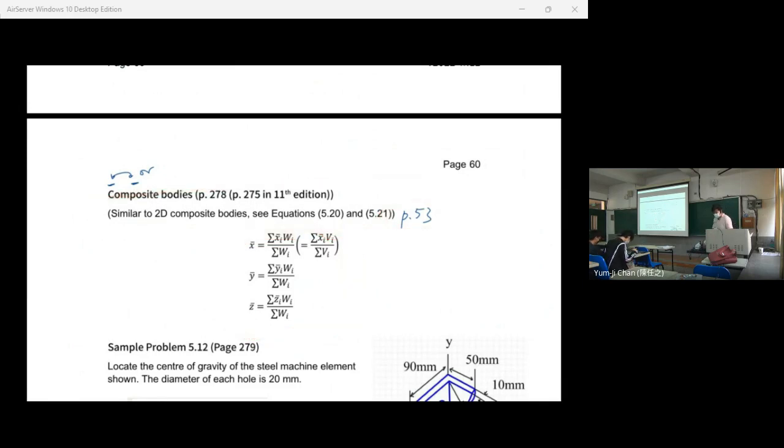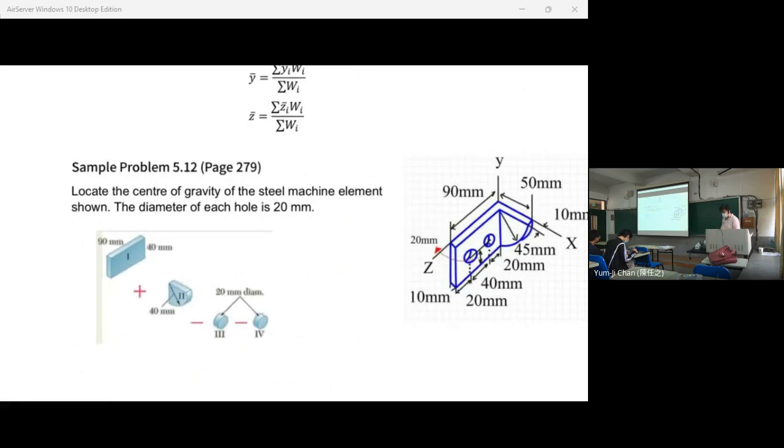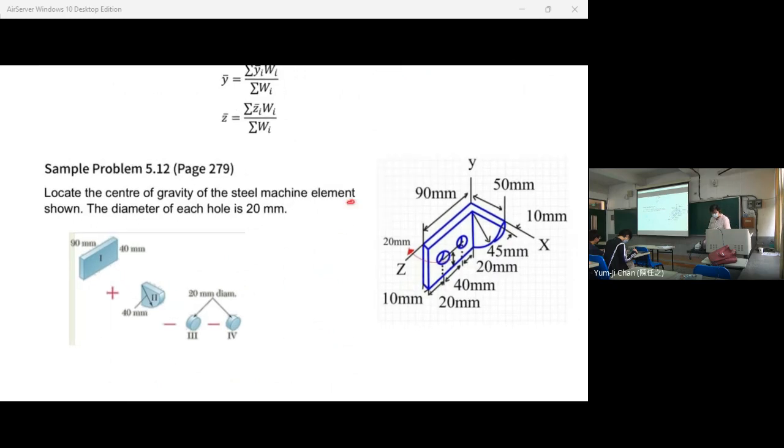And I have an example to explain how these work. So we have a steel machine element. This is this L-shaped thing here, and we want to determine the center of gravity, or you can just say the centroid, of this L-shaped element.